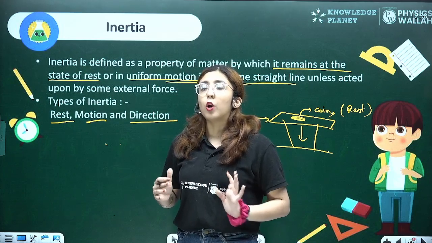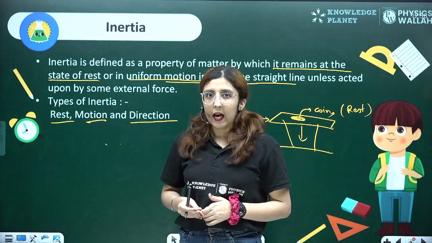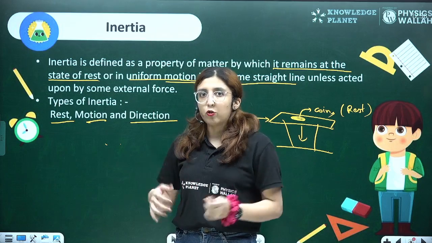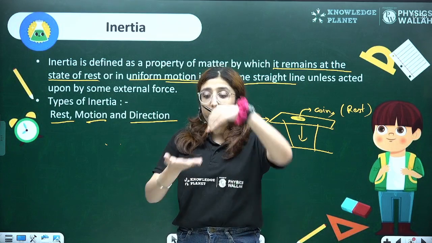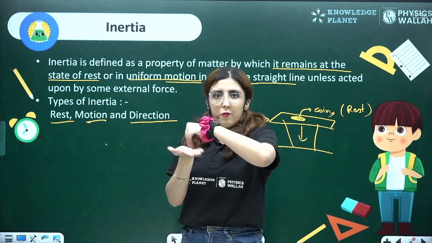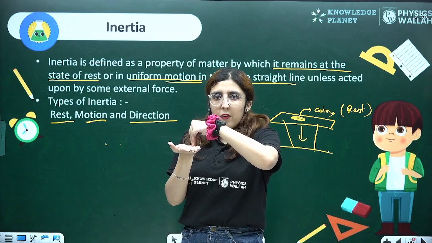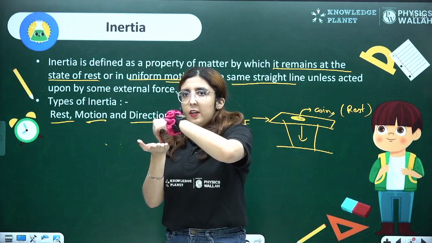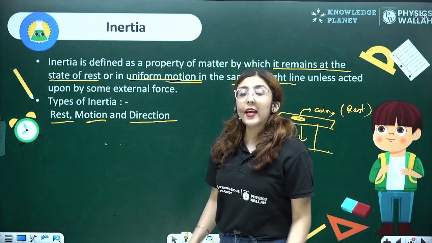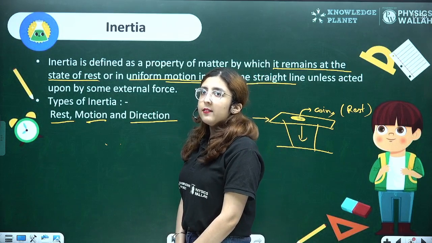Our body wants to remain in motion. Although the force has been acting onto it and certainly you have to stop, the body won't work with you. Why? Because your feet are on the car floor, so over there it was moving, and as it was moving, it wanted to be in motion. Similar thing happens when you were at rest and the car starts.